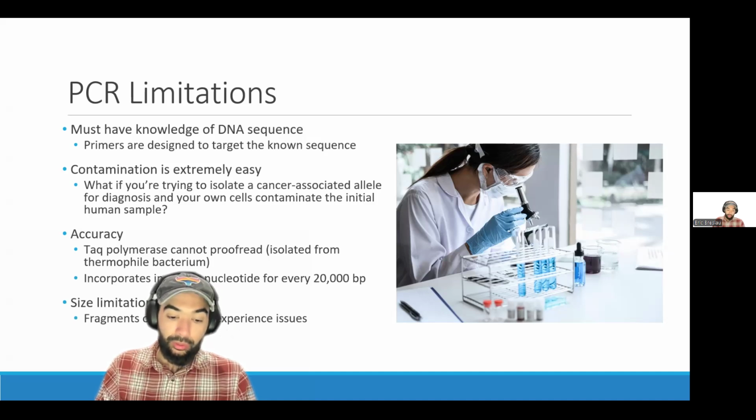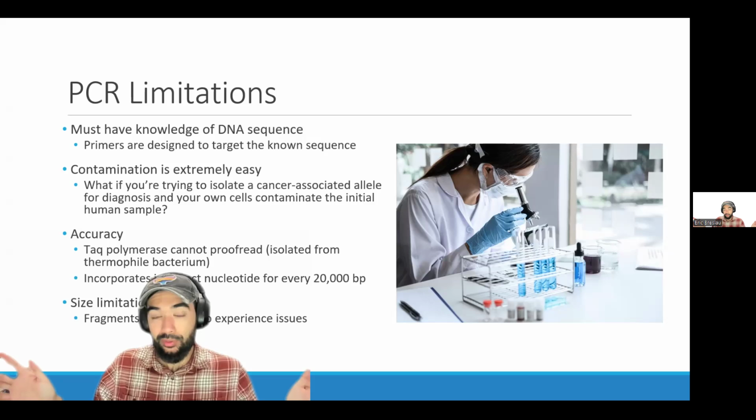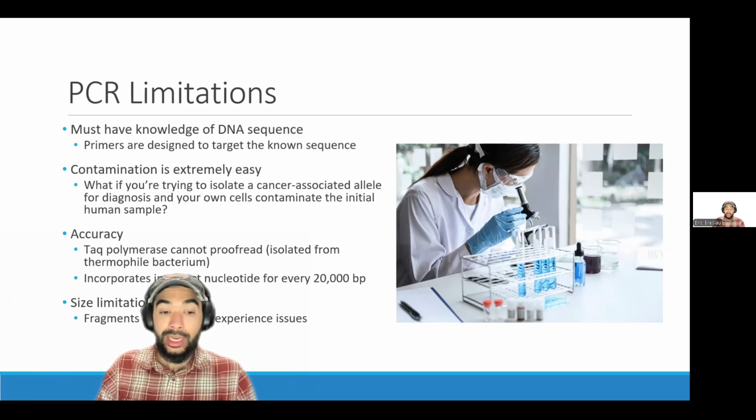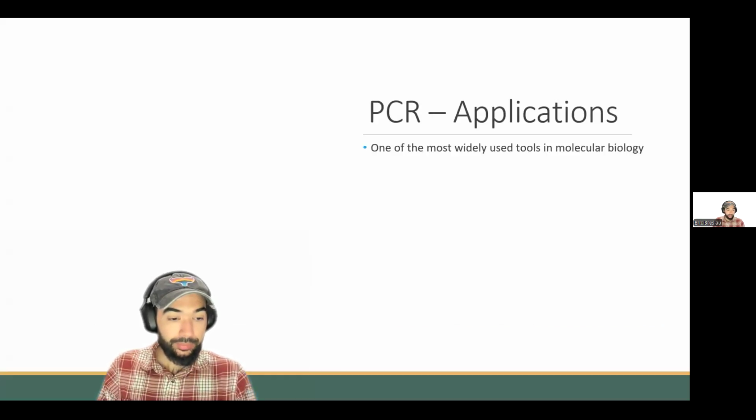If you remember from the beginning of lecture on Tuesday, that dystrophin gene is about 2.2 million base pairs, way too big to amplify. So PCR would never be used to amplify dystrophin gene because it's just way too large. These have to be relatively small genes, and a lot of genes aren't that small. A lot of genes are much larger. So we do see a limitation in that.